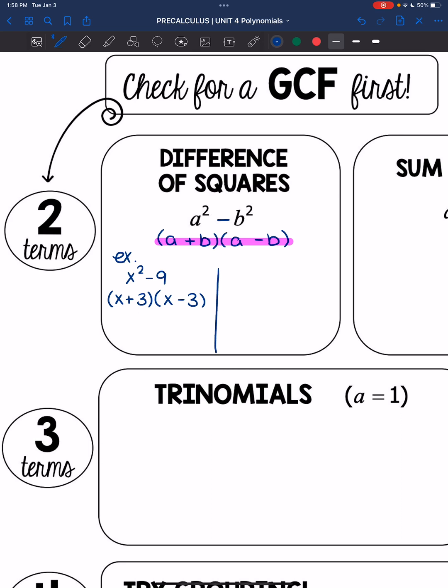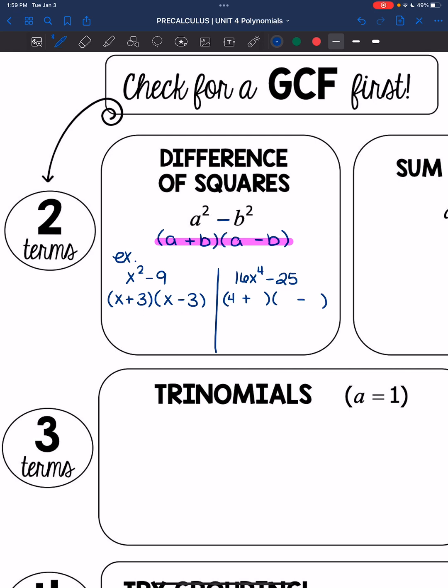Let's look at another example. Say we had 16x to the fourth and then minus 25. This is, again, a difference of squares. Check it out. One will be plus, one will be minus because what is the square root of 16?